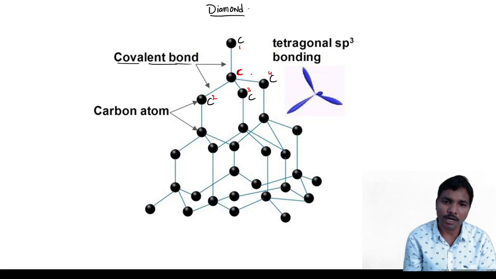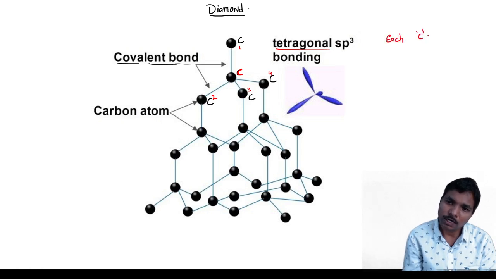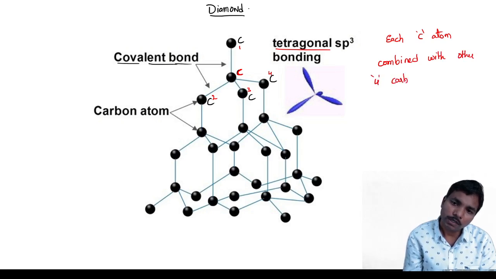So each carbon atom is combined with four other carbon atoms to form a tetrahedral shape, to form diamond.